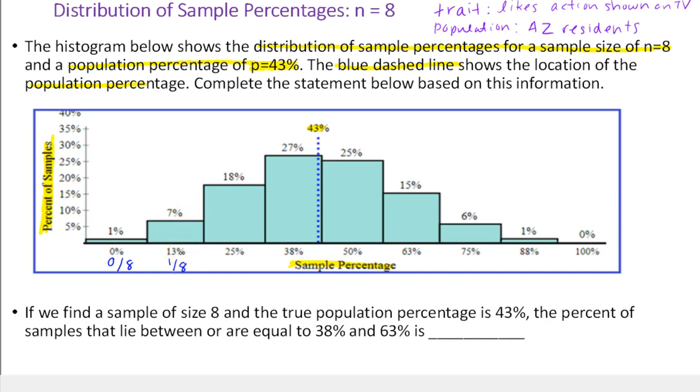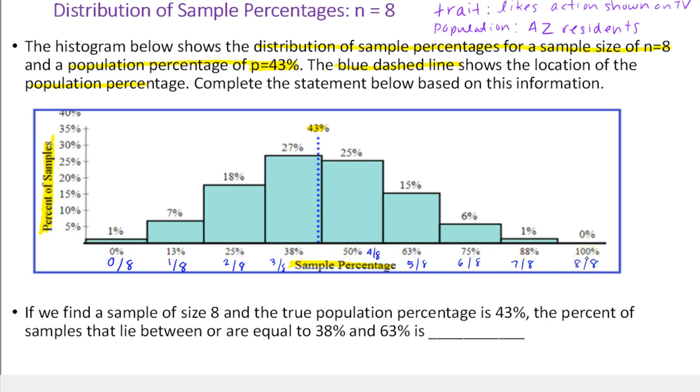So we can continue on. 25 is if 2 out of 8 people say they like action shows. Here we have 3 out of 8. 50% is 4 out of 8, which is a half. 5 out of 8, 6 out of 8, 7 out of 8, and 8 out of 8. So these are all the possible samples you can get.